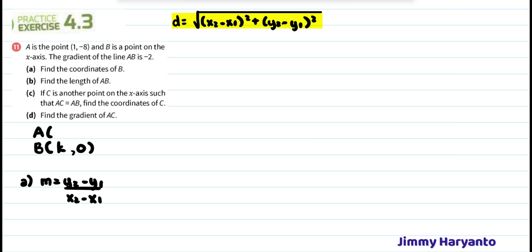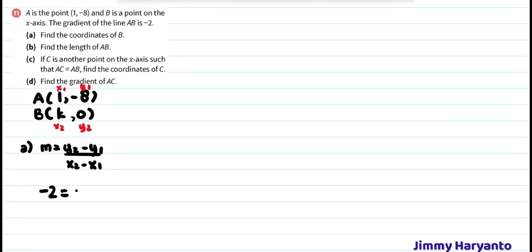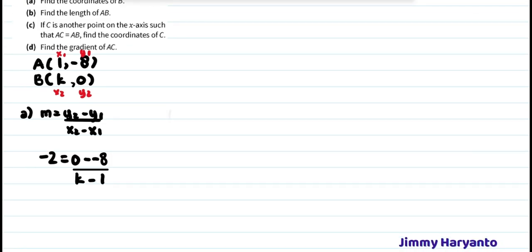Gradient of AB, yeah. So A is 1, negative 8. Let's say this one is x1, this one is y1, this one is x2, and this one is y2. So the gradient is already given, which is negative 2. Let's input: y2 minus y1 is negative 8 over x2 is k minus x1 is 1.